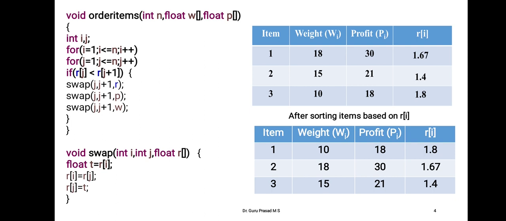Item 1 is 10, 18, 1.8. Item 2, weight is 18, profit 30, profit by weight ratio is 1.67. Item 3, weight 15, profit is 21, profit by weight ratio is 1.4. With the help of the order items function, we can rearrange the items based on their R of I value.